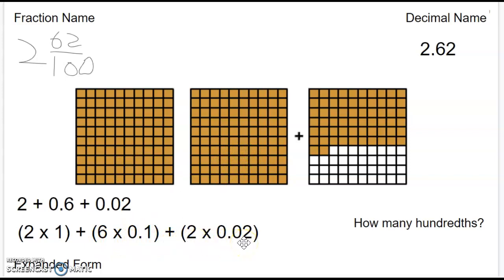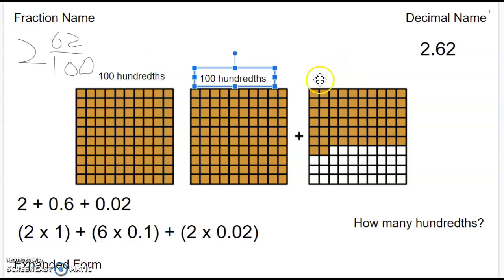Okay, last. How many hundredths are in this picture altogether? Well, how many hundredths are in this first whole? 100. And so if I'm writing 100 hundredths, there's 100 of them. Well, how many hundredths are here? There's another 100. I hear you guys.